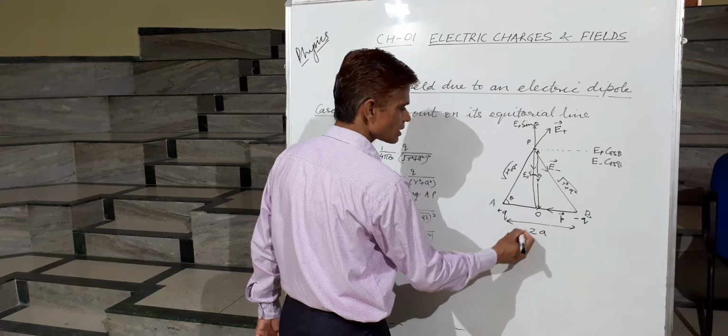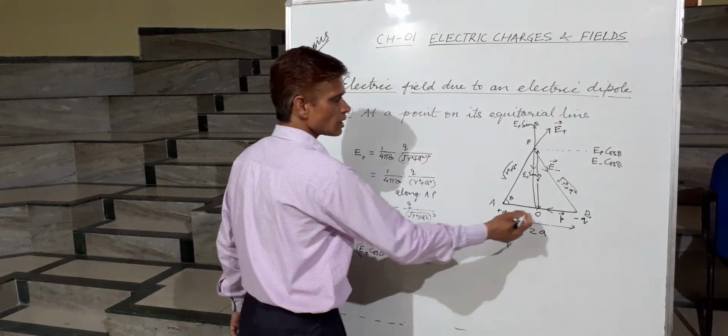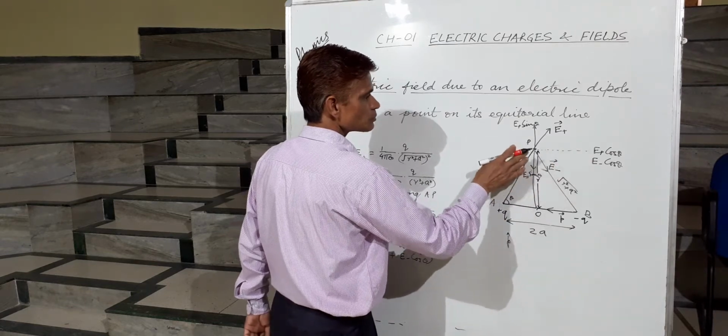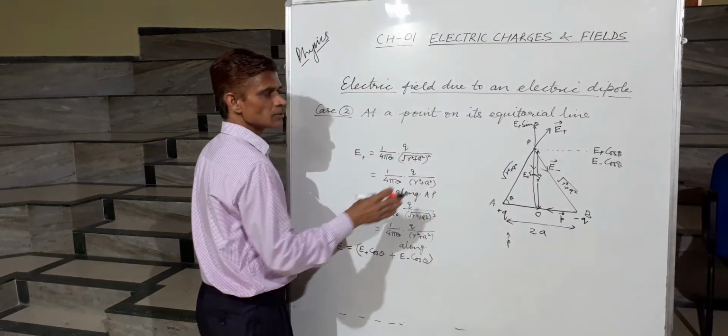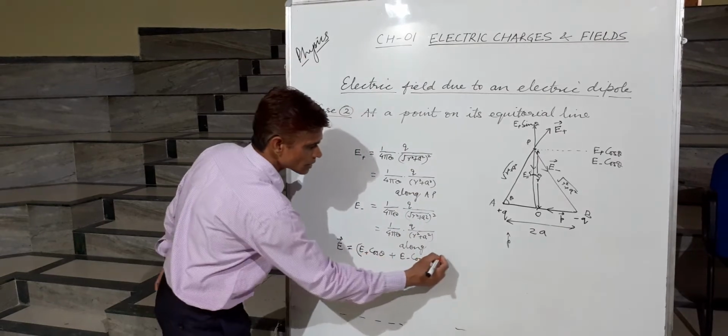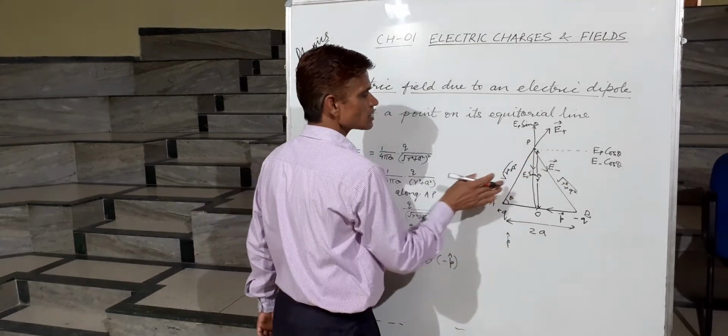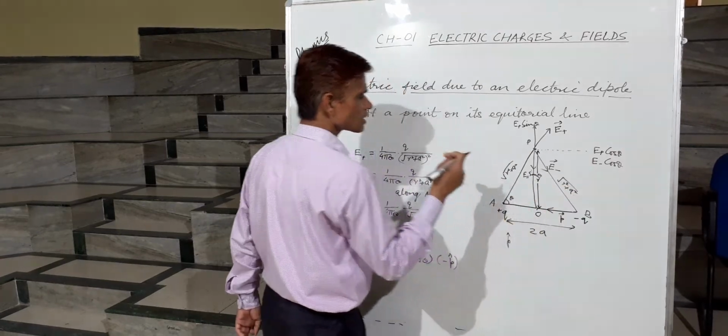So the unit vector along the direction of the electric dipole moment vector is p cap. So the electric field will have the unit minus p cap, because this electric field is directed opposite to the direction of the electric dipole moment.